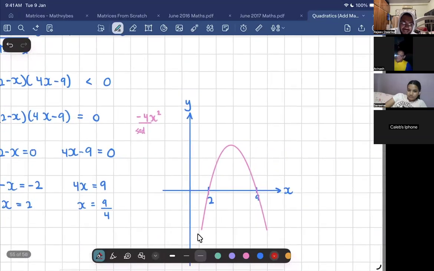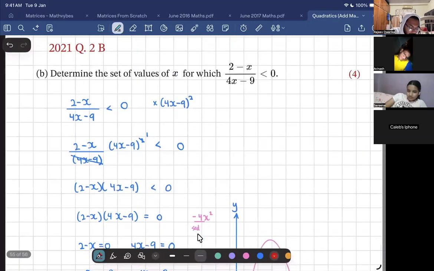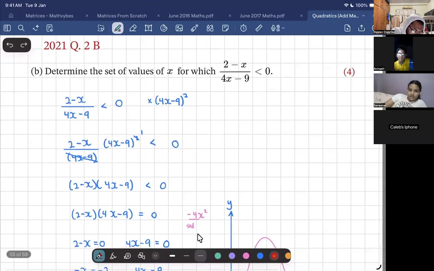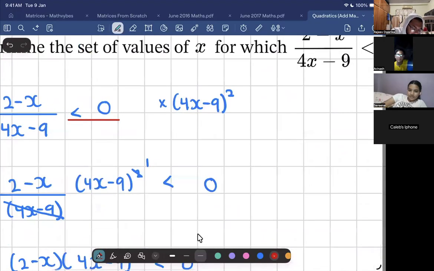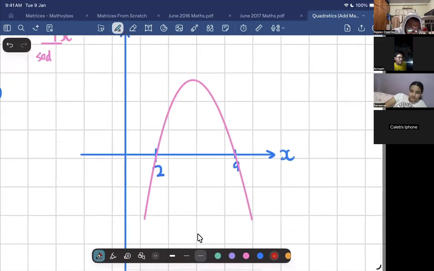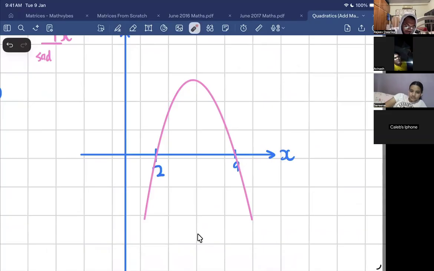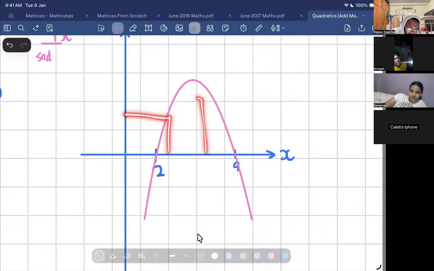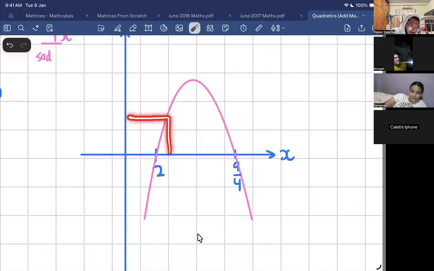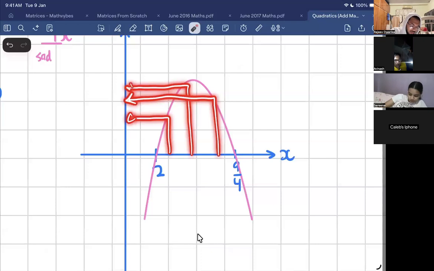But anyways, Serena, we want to figure out where the answer is less than zero. If it is less than zero, is it positive or negative? Negative. Where's our graph giving us negative values? Would it be in between 2 and 9 over 4? How many of you think that between 2 and 9 over 4 is giving us a negative value?